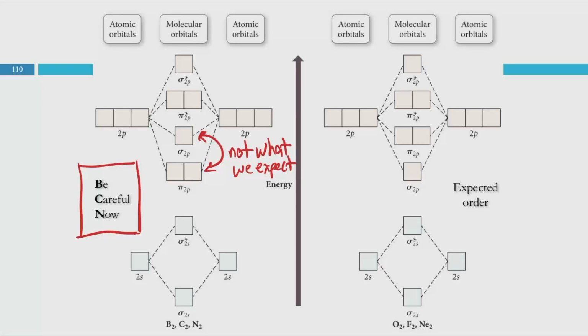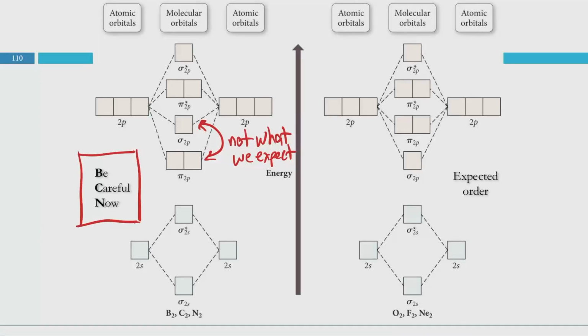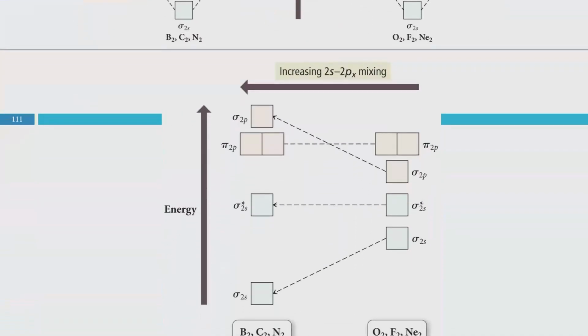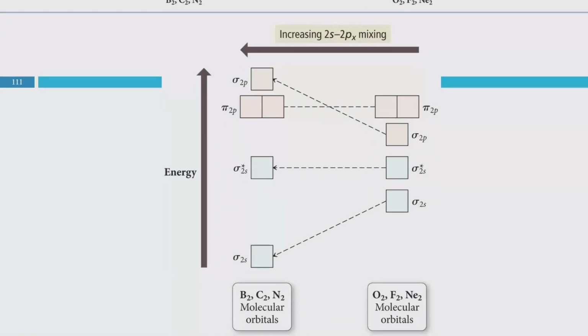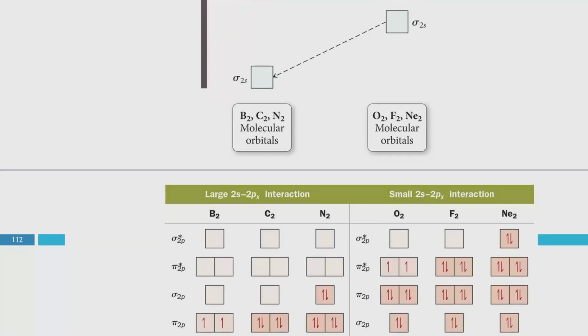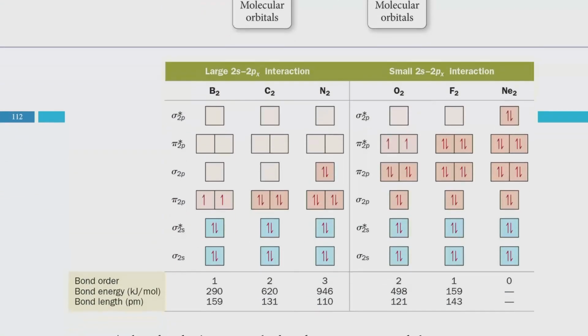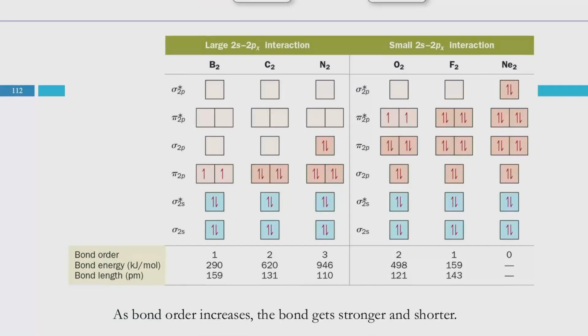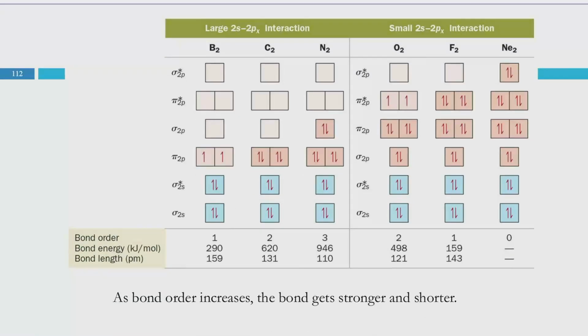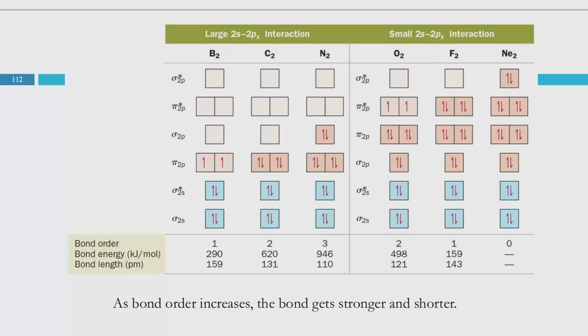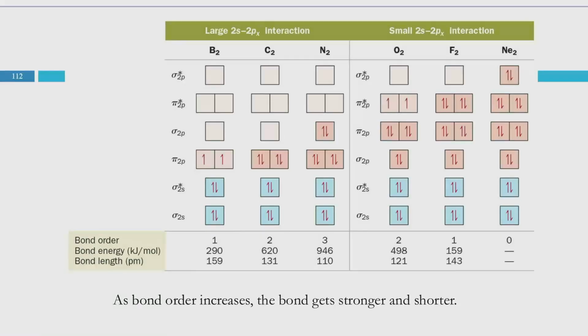So that's why it's be careful now. The reason for that is the way that the s and px orbitals mix together. It's very complicated. Basically, the px and the s interact a lot more because of the sizes that they are, and that causes the energies to flip.